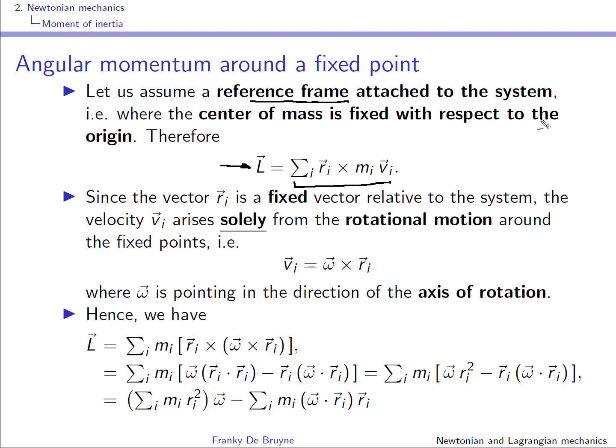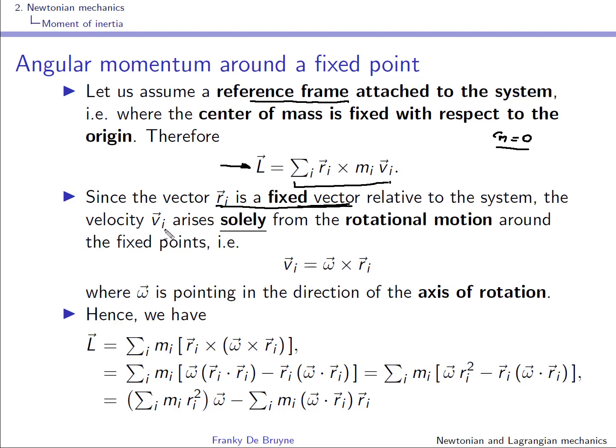Very often what we do is simply say the center of mass and the origin coincide. If the reference frame is attached to the system, this means that the position vector to each particle i is fixed relative to the system.